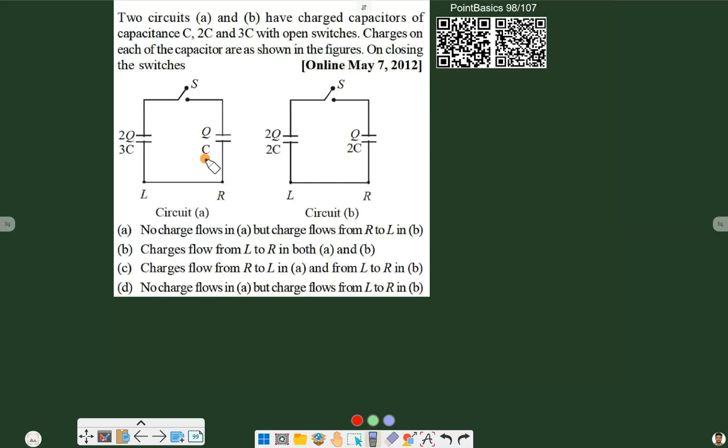So what we do, let's first find out which capacitor has the higher potential and which has the lower potential.